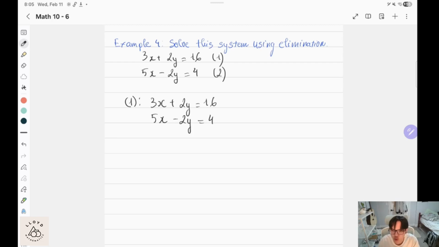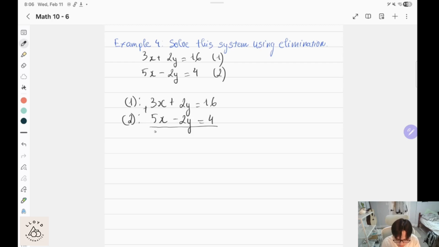Okay, with this situation we got plus and minus. The simple idea here is that we add the two sides of these equations together to make the y disappear, because plus 2y and minus 2y is equal to 0.